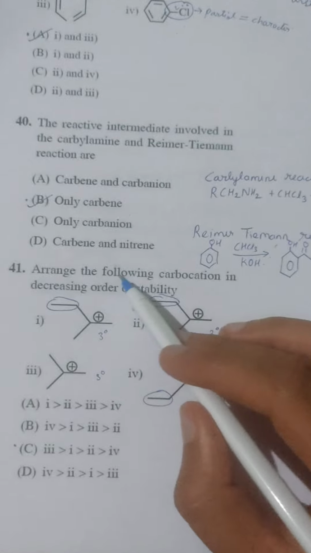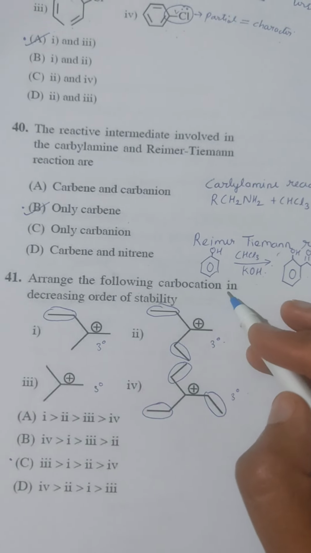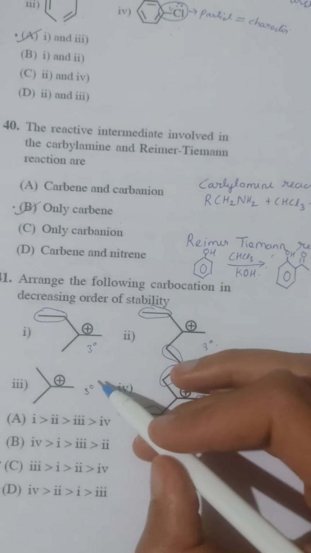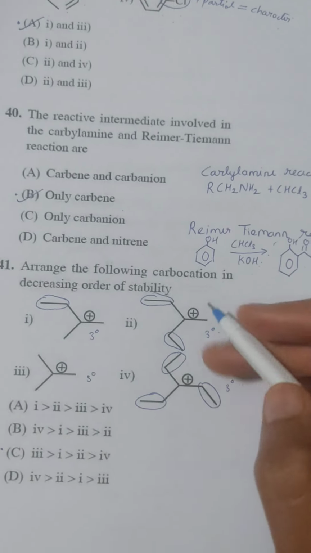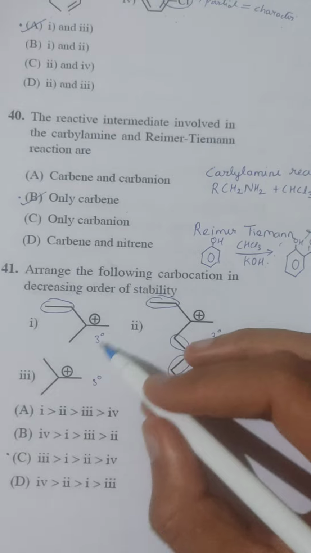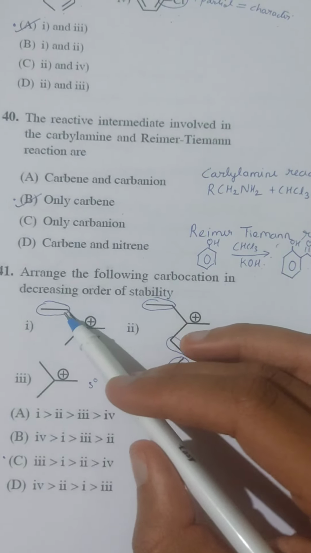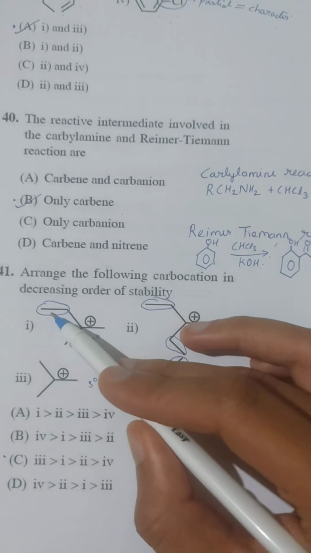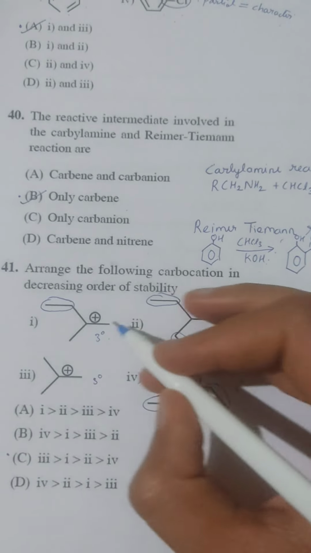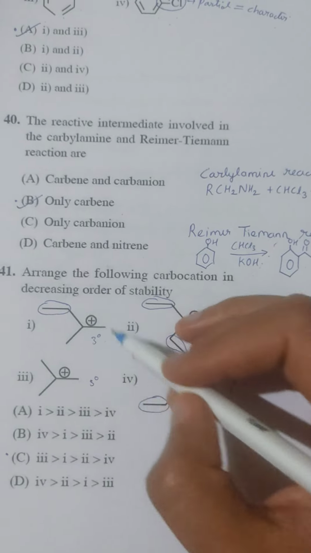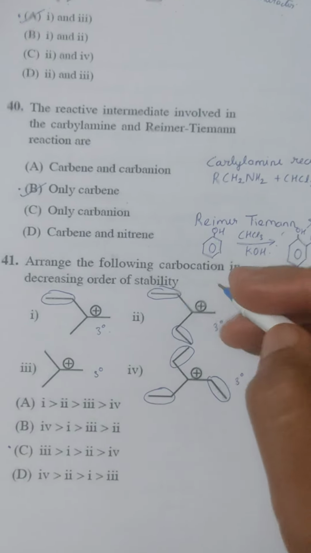Now here we have to find the carbocations in decreasing order of stability. Means you have to give the first one which is the least, after that this, keeping on increasing. So when you observe, all three are tertiary, but the only difference is that in each case the number of alkyl groups is increasing. As you all know, alkyl groups tend to donate electrons, so more alkyl groups will increase the stability.